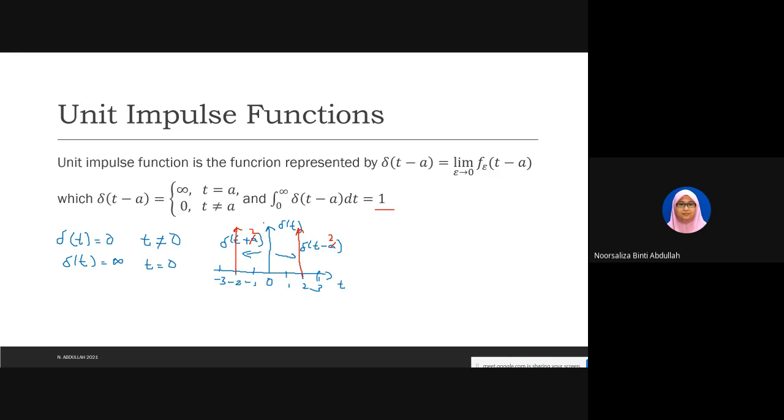Dia akan ada satu denyut kat sini. And then if you shift to the right, it will be delta t minus a. If you shift to the left, it will be delta t plus a.